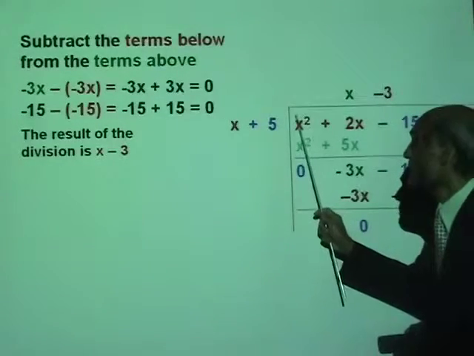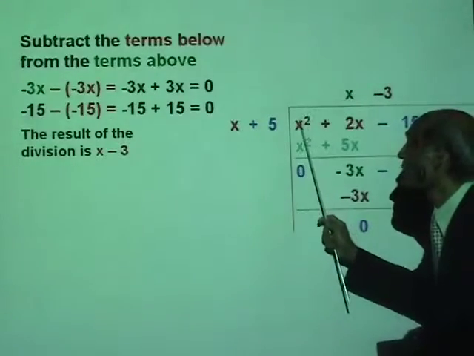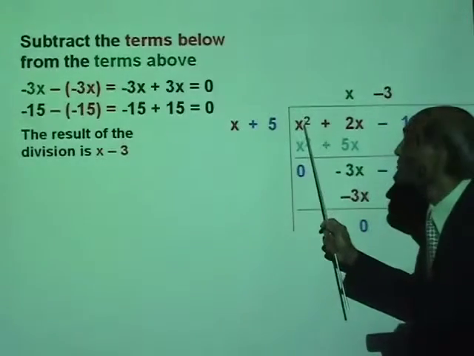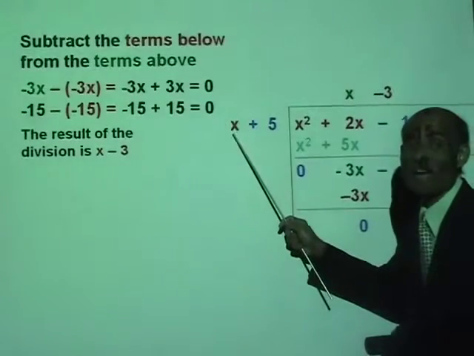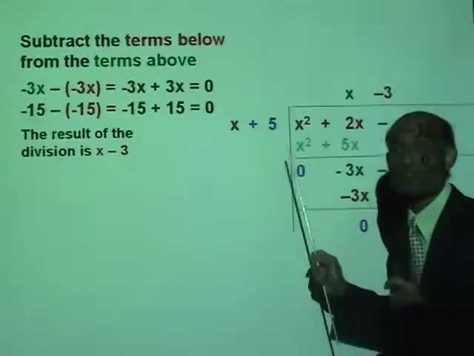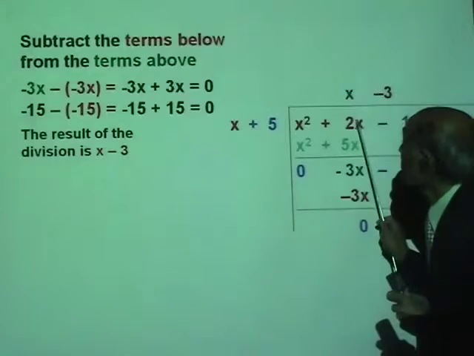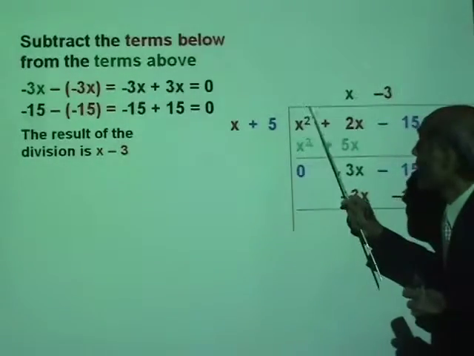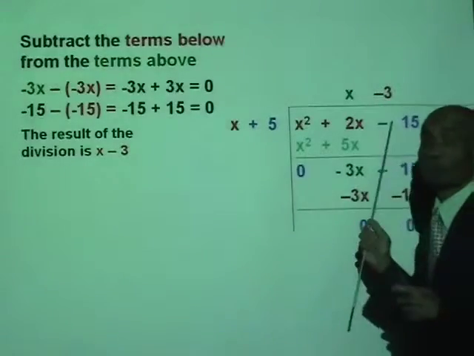Now, divide the first term of the dividend by the first term of the divisor. X squared divided by x is x. Write that x exactly above the x term and above that horizontal line.